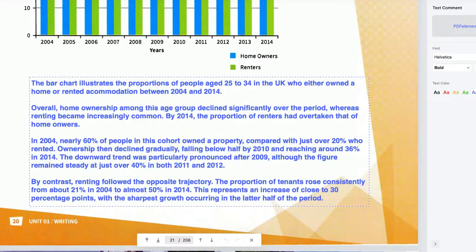Okay, with the sharpest growth occurring in the later half. Occurring, do you need to double R or not? Yes, definitely we need to double R. Occurring in the later half of the period.